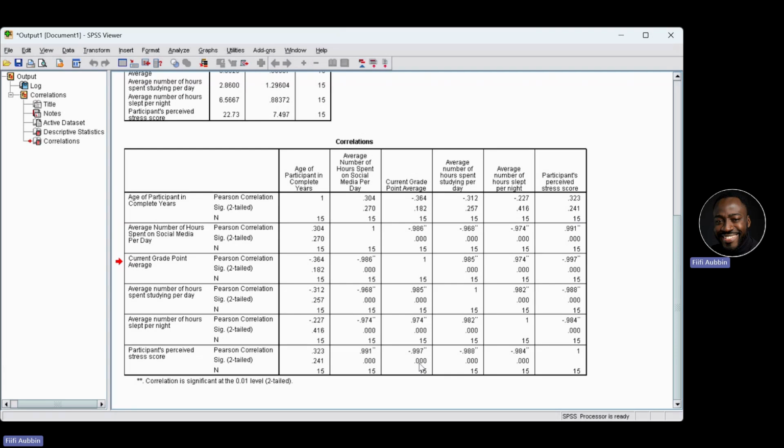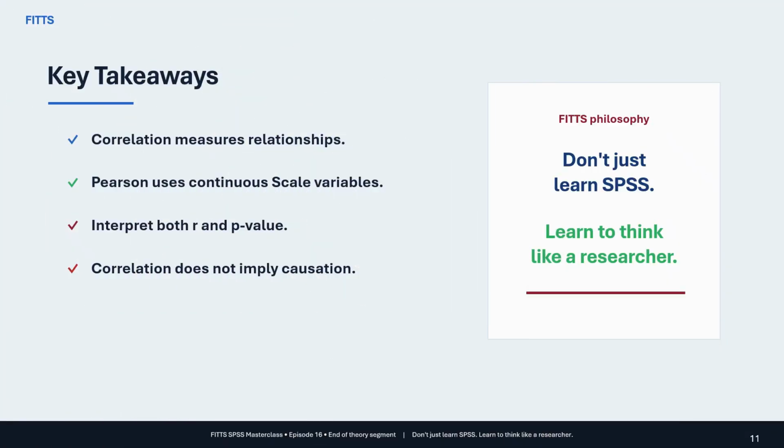And more importantly, you've seen how researchers move beyond simply generating output to interpreting what the results actually mean. Today, we've learned what correlation is, when Pearson's correlation should be used, how to interpret the correlation coefficient, and why statistical significance is important. And most importantly, we've learned that the relationship between two variables does not automatically mean that one variable causes the other.